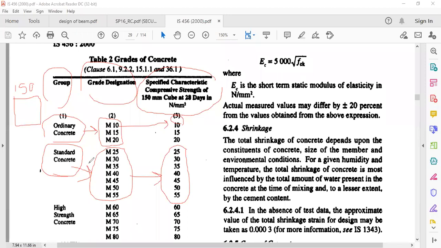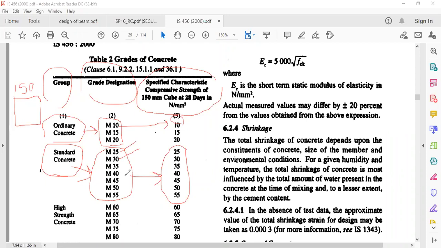Mostly on the design part or on the site, ordinary concrete is used, or in a few sites you may see M25 or M30. But above that, it is only if that particular structure is of high importance, like a flyover or bridges. In that case, you will see M35 or above M40.